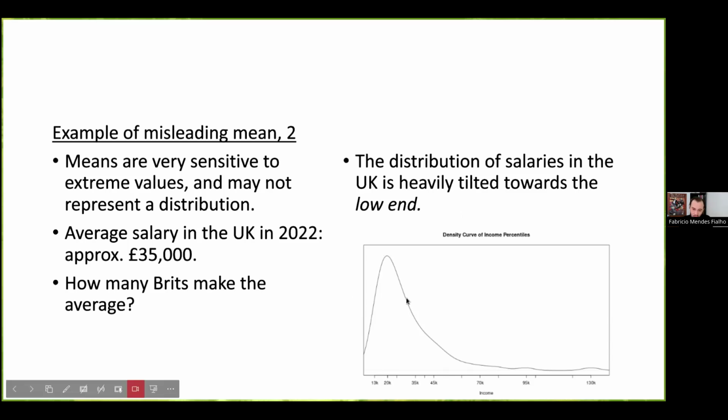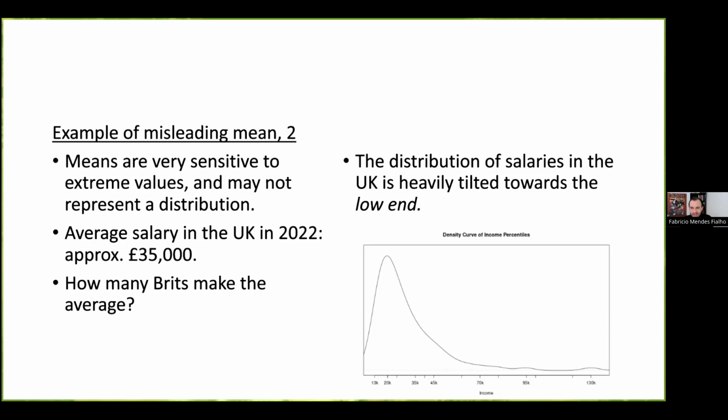When we plot all the incomes in a graph, the income for all individuals living in the UK, we see that the distribution of salaries in the UK is heavily tilted towards the lower end of income. And very few individuals make higher incomes here, say above £70,000 a year. These numbers are after taxes, just for your information.